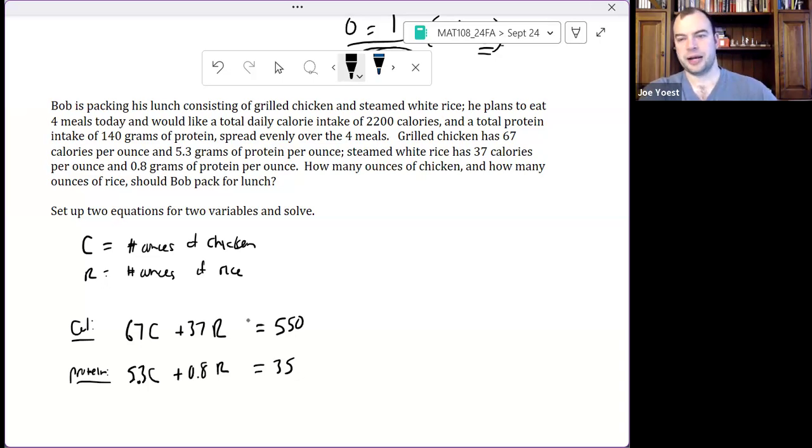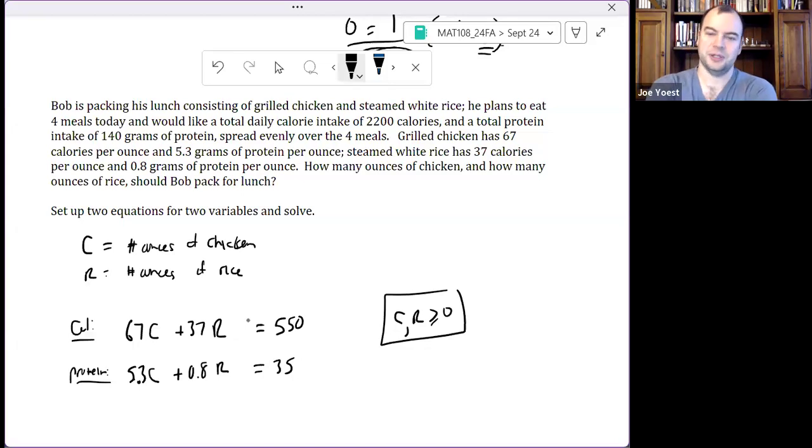Now, of course, we have a practical constraint that C and R have to be bigger than or equal to 0. So when we work through and get a mathematical solution, maybe the math suggests that he needs negative 4 ounces of chicken or something. Well, that's not a practical solution. There would be no solution in that case.